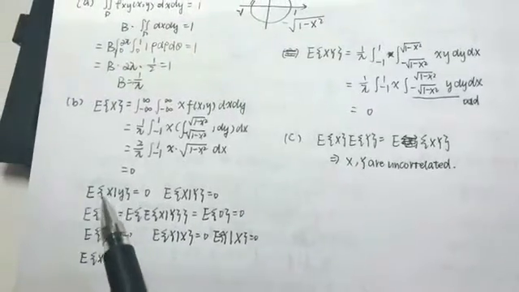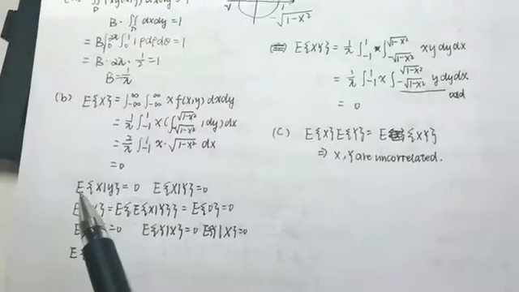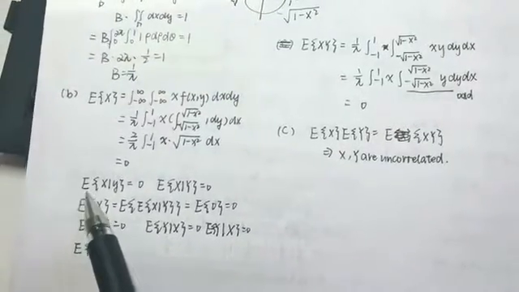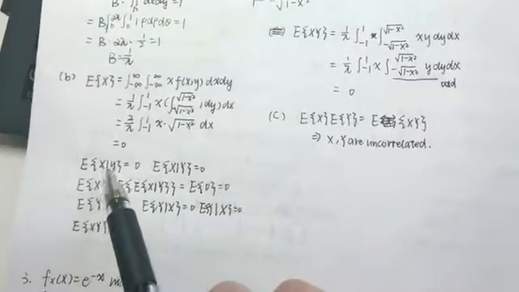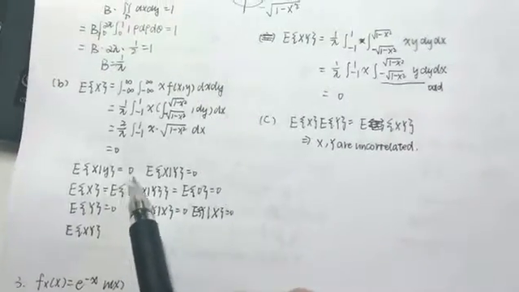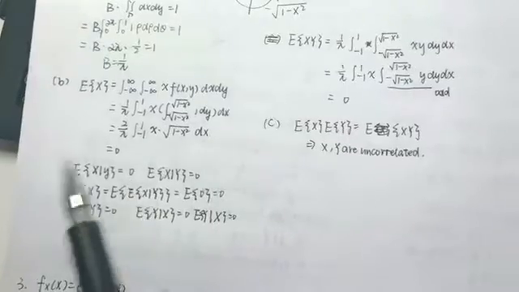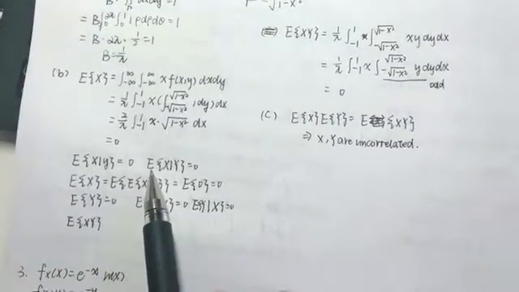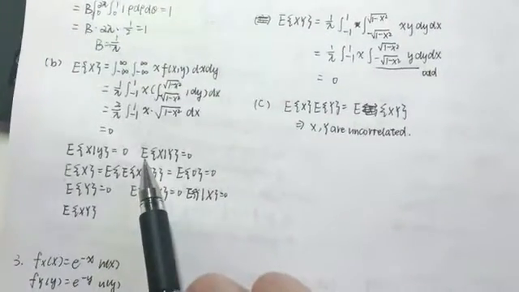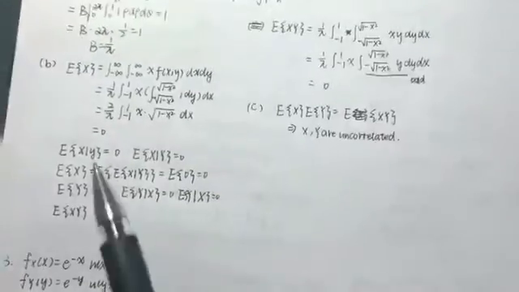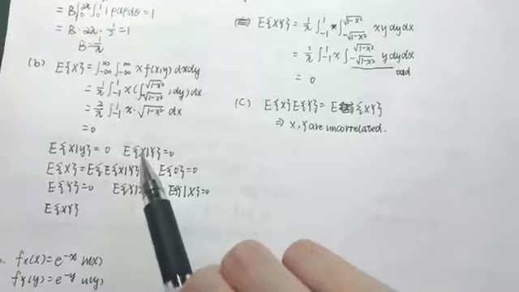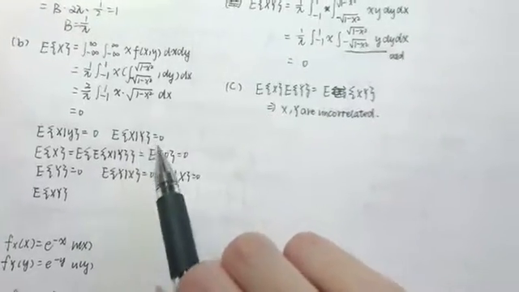So it is easy to see that the expectation of x under the condition y equals 0 for every y.